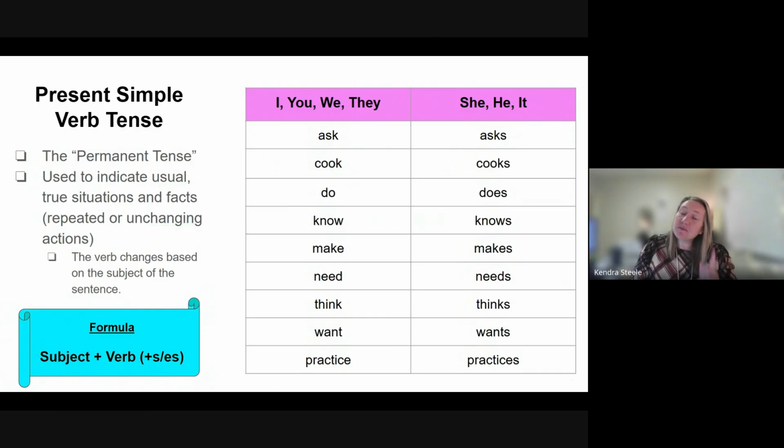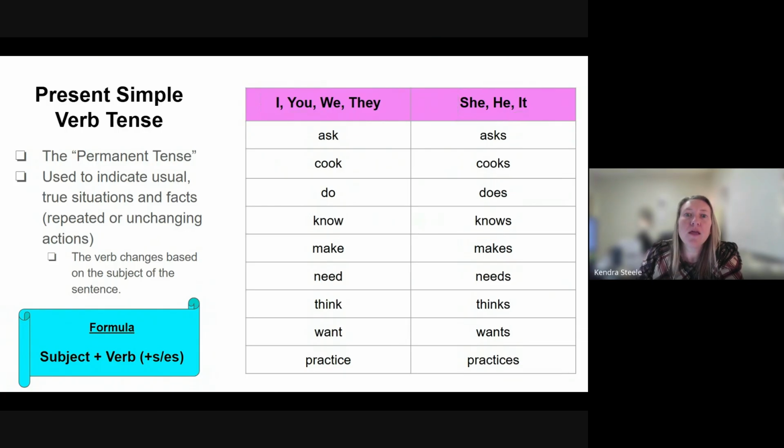The important thing to know is that the verb will change based on the subject of your sentence. So if you look over here, we have the subjects I, you, we, and they. And we have the subjects she, he, and it.